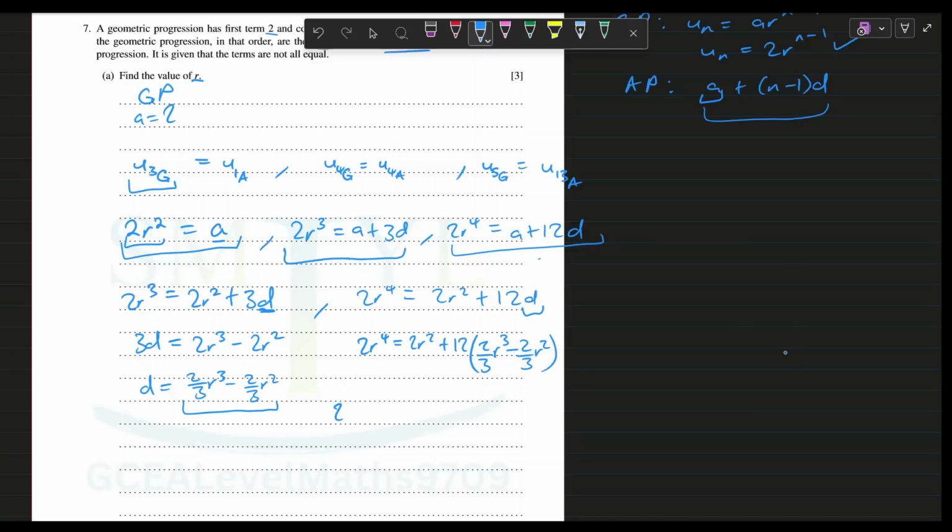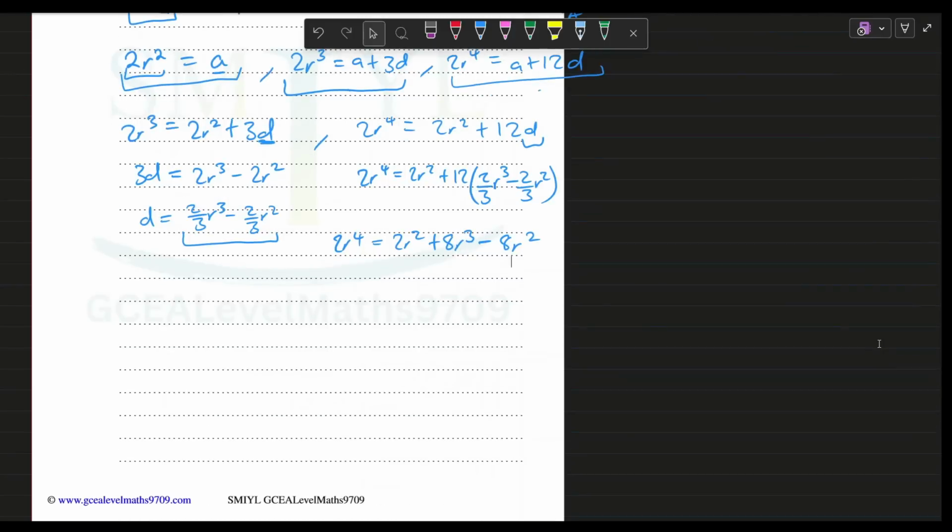And now we need to expand and simplify. So 2r to the 4 is equal to 2r squared plus, here we've got 12 times 2, that's 24, divided by 3. So that's going to be 8r cubed. And then we've got the same situation, but for r squared, and it's negative. So negative 8r squared. All right, so let's simplify.